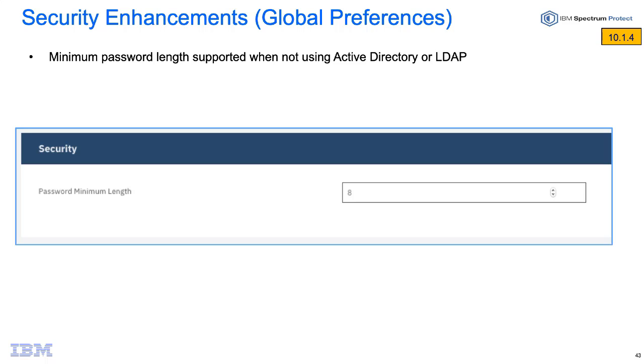The default is 8, but you can obviously increase that. Now again, if you're supplying your usernames from Active Directory or from LDAP, that is what's going to control the minimum password length and the changes to it, etc.